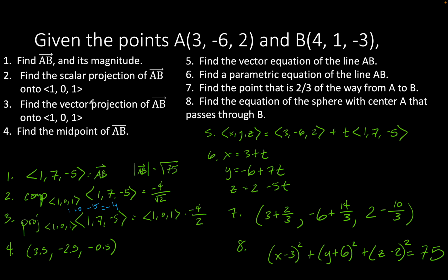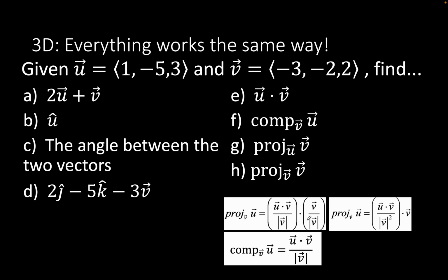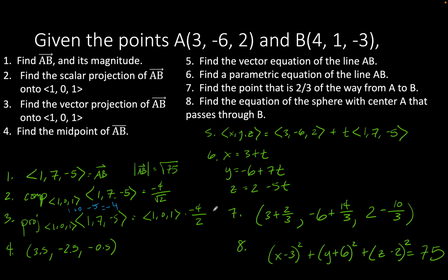So for vector projection, we are going to take the direction we desire, which is the 1, 0, 1, and now multiply that by, remembering the formulas, dot product over magnitude of the vector we are projecting onto squared. So here is dot product again, negative 4, and then magnitude of the vector we are projecting onto is a 2. In part 4, we are asked to find the midpoint of the segment AB.